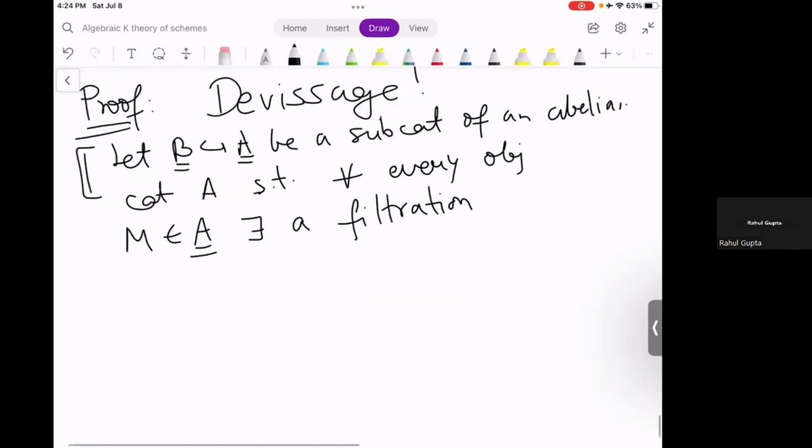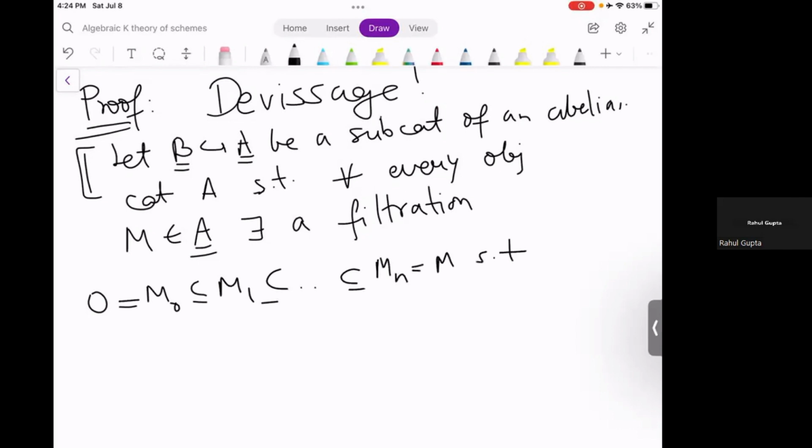In an abelian category, we can make sense of a filtration. There exists a finite filtration such that all these M_{i+1} over M_i are actually objects that come from the objects of this subcategory B.